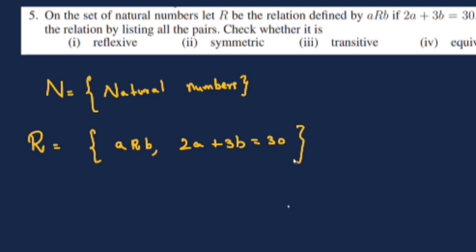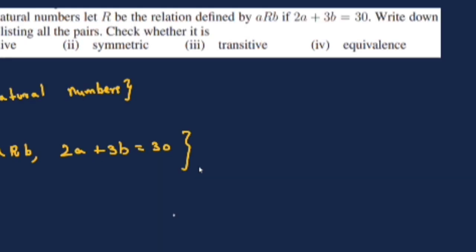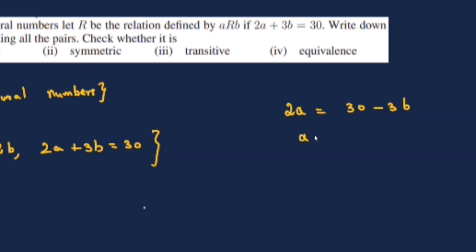Only those ordered pairs we have taken. So let us find A and B. The condition is 2A + 3B = 30. So we can write 2A as 30 minus 3B. So A will be (30 - 3B)/2.